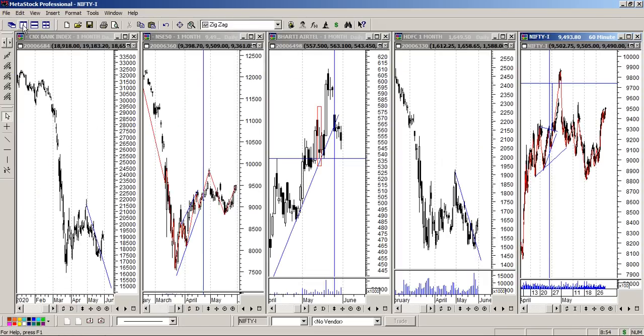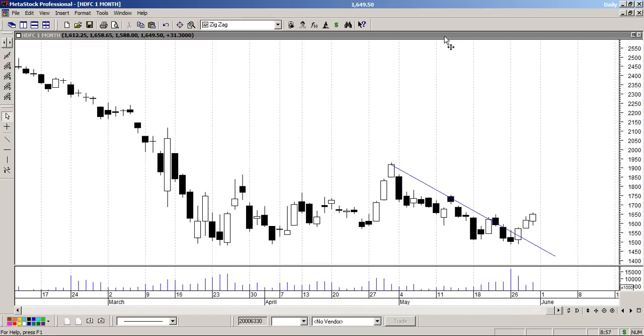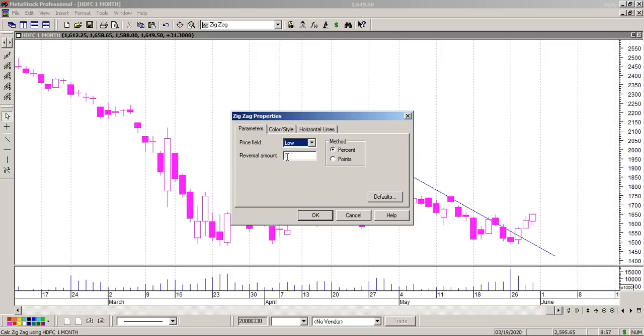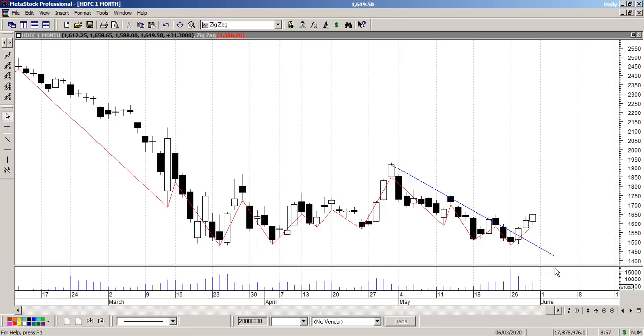Let me show you some examples very fast, something which I am observing now. One of them is, okay, this is HDFC 1 month. This was a trend line breakout which I showed you. Let's do a simple 3% zigzag on HDFC.